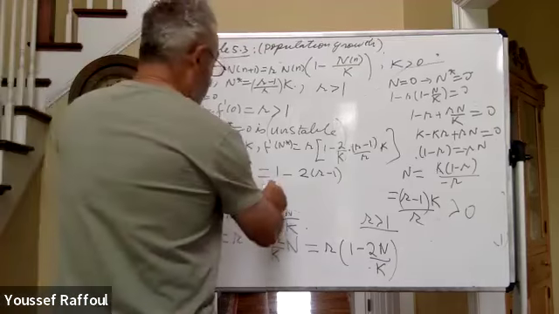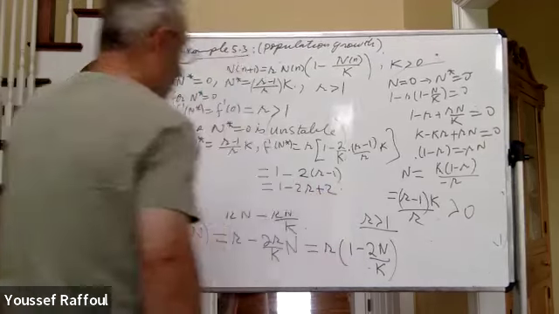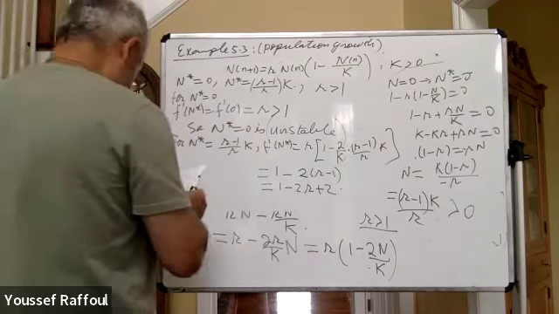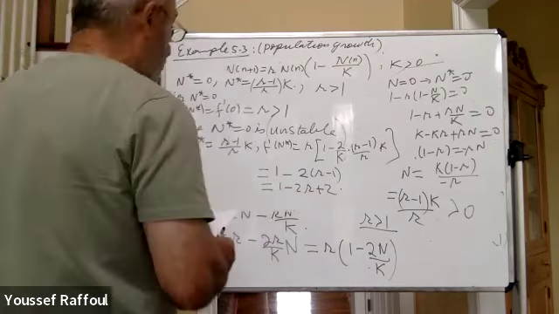Okay, so this is 1 minus 2R plus 2. Okay? Professor, that R is being multiplied to 1 minus and then that mess.